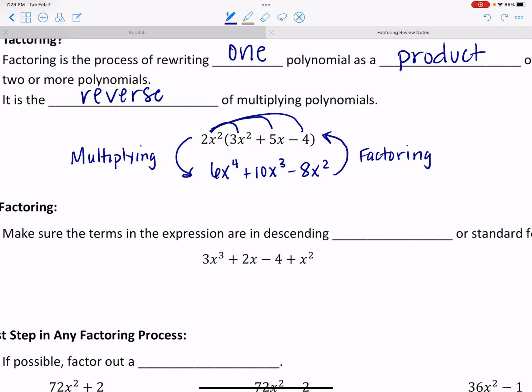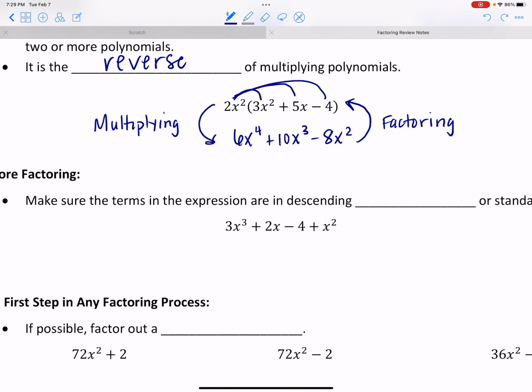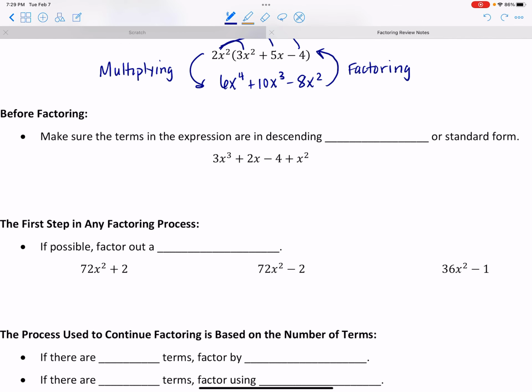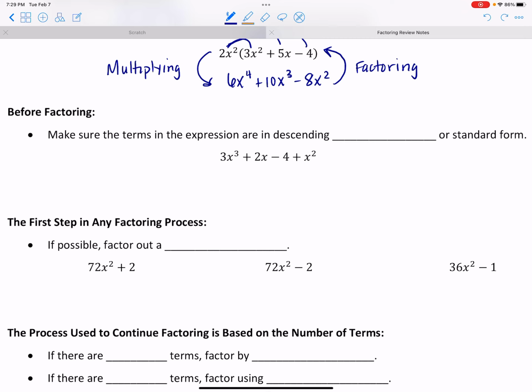But again, factoring and multiplying we can think of as opposites in terms of our polynomials, and later our trig expressions. So when we're working in reverse, before we actually start the process, we need to make sure that the terms in our expression are in descending order, or for a polynomial, we would just refer to that as standard form. So we want our highest exponents, our highest degree terms to be first, and then they would descend down.